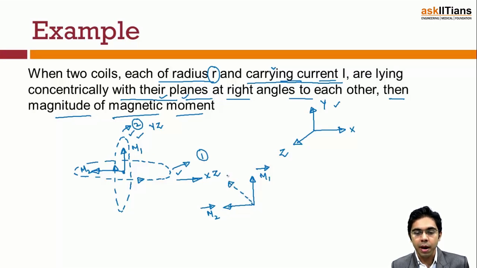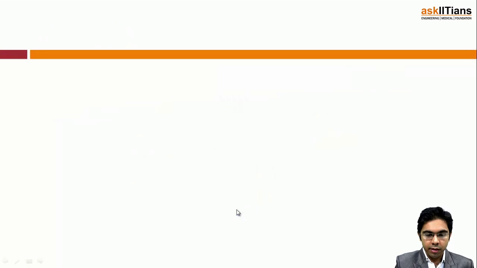If you draw the parallelogram around this, the parallelogram law of addition will give you the resultant magnetic moment m. The angle between the two magnetic moments m1 and m2 is 90 degrees. So let's find the magnetic moment.